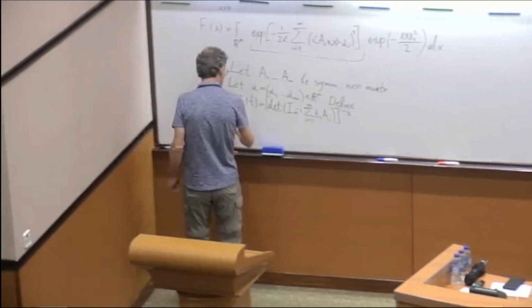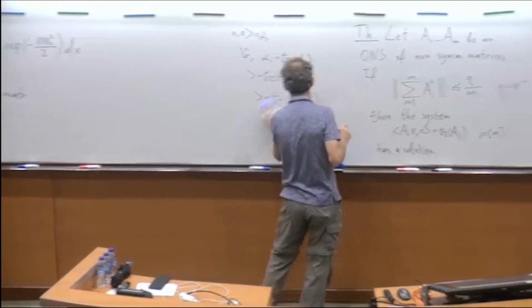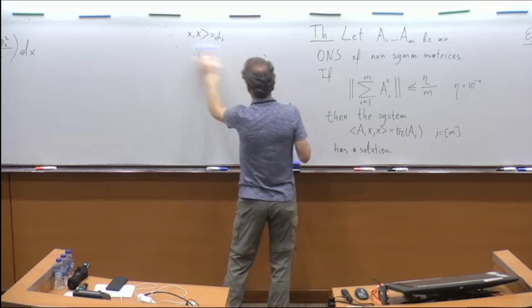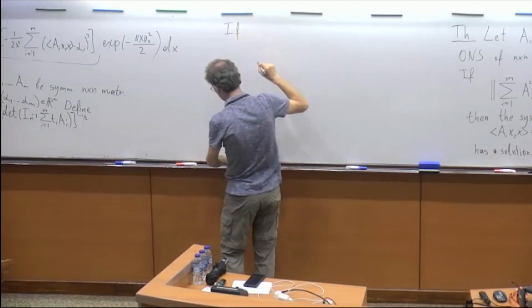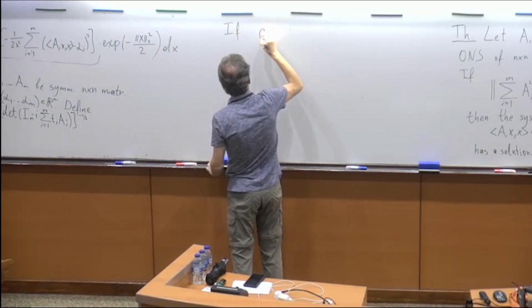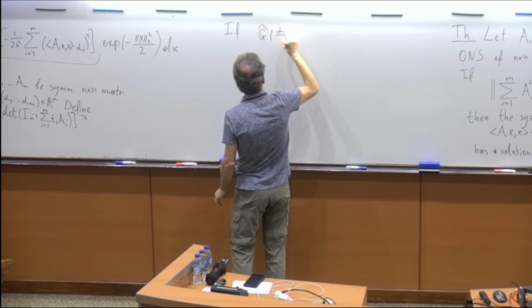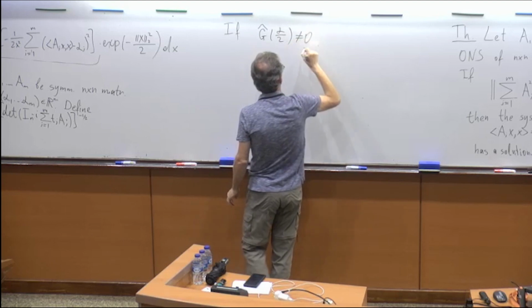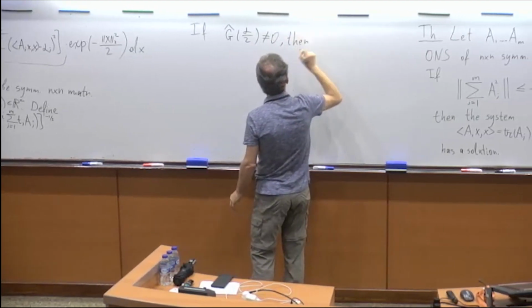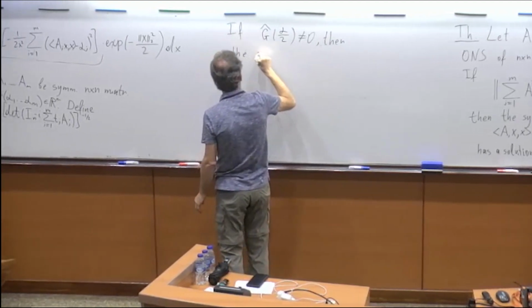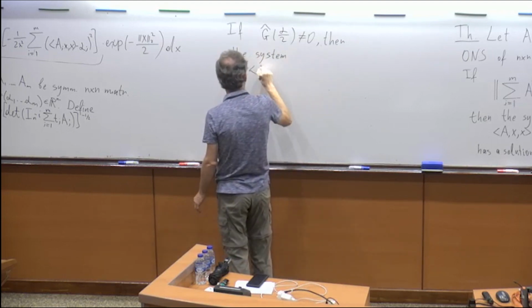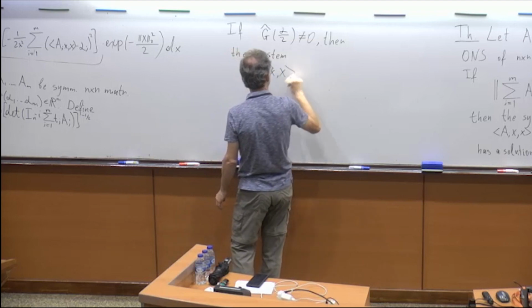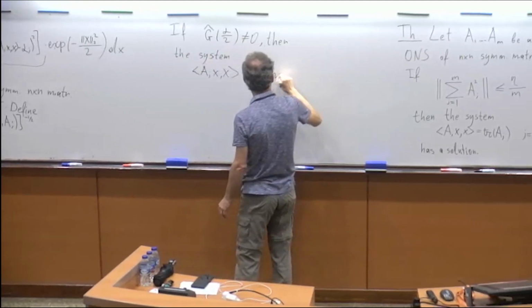Now, the condition: if G hat of alpha over 2 is non-zero, then the system Aj x times x equals alpha j has a solution.